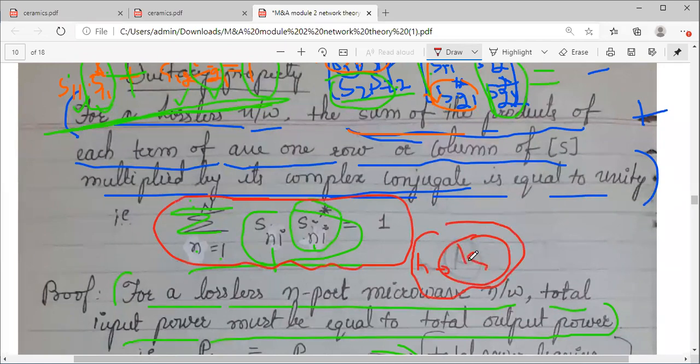Sometimes, if the proof is asked of you, they may use the notation k instead of n, which means k number of ports. That's what the change is. So the variable I'm using here, small n, you can use any variable in general; in your textbooks I think it is k. So this is your unitary property.